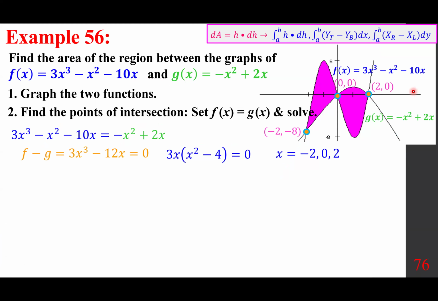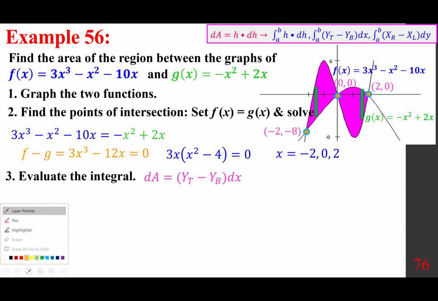Now, to evaluate the integral, you throw in a typical rectangle. In both of them it is y of the top minus y of the bottom. But what is the difference? Let me see what color will do the job here. The top here comes from the cube function.